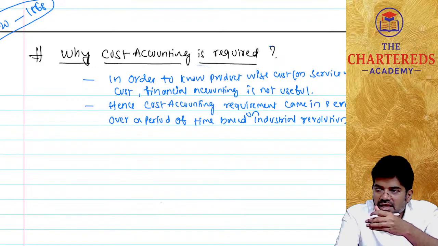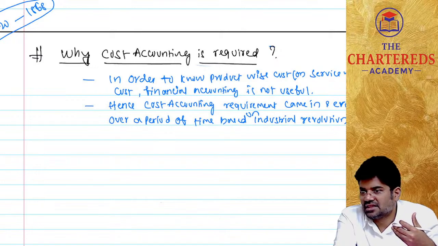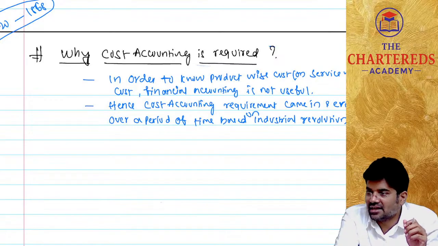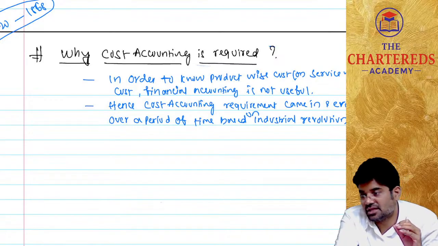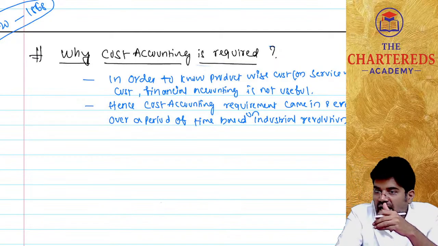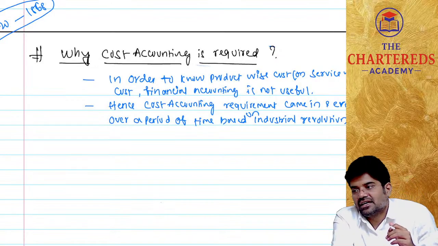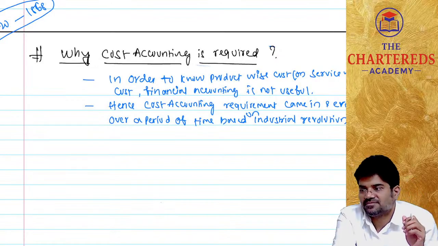But as they brought in equipment, the production became more complex. Then apart from material and labor, they also started incurring other expenses. And gradually these other expenses constituted more cost.